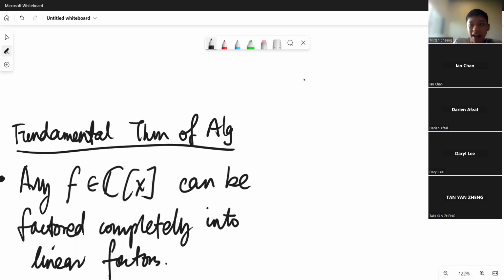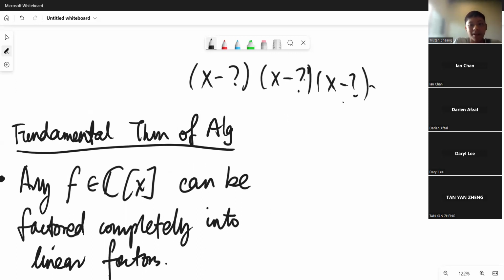So that means anything can be factored into x minus something, x minus something, x minus something, and so on, and then maybe times a constant at the back. So any polynomial. Of course, these roots might be very complicated complex numbers, but they are still complex numbers, they are still constants.